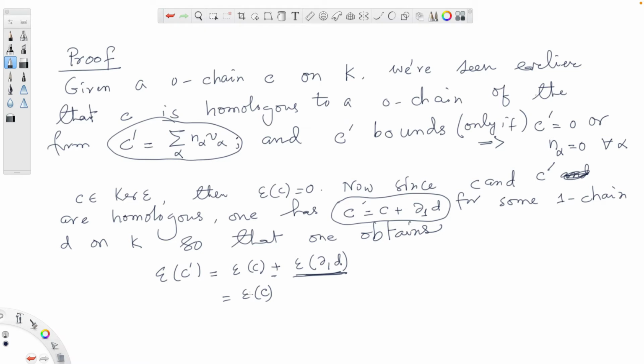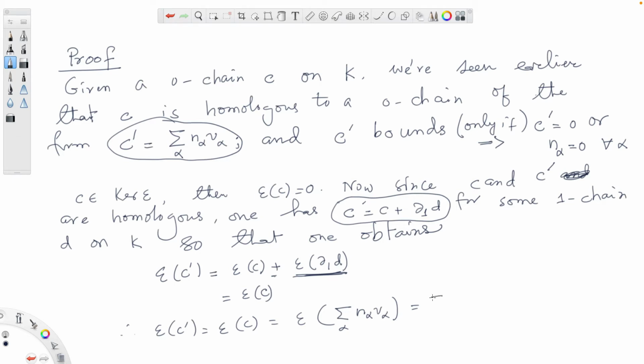So we see that therefore epsilon of c prime is equal to epsilon of c. Epsilon of c prime, according to this expression of linear combination, can be written down as the sum of all these expressions n alpha v alpha, and we know that the value of epsilon on these elementary zero chains are all one.